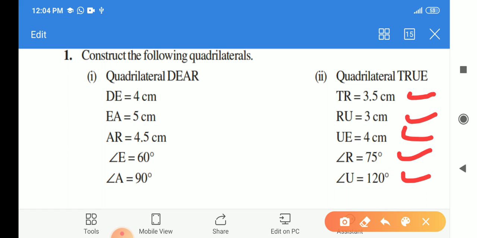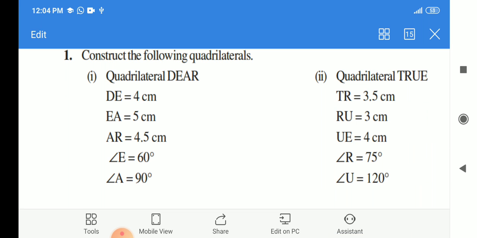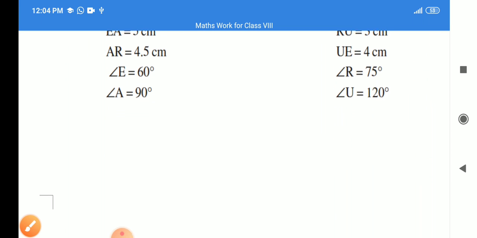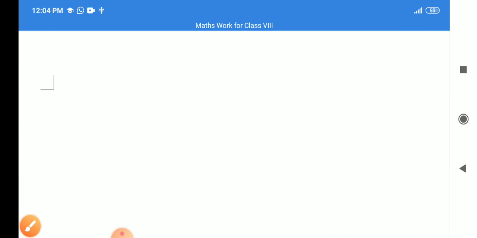You can see easily three sides are given and two included angles are also given. Now let's start to draw this quadrilateral.